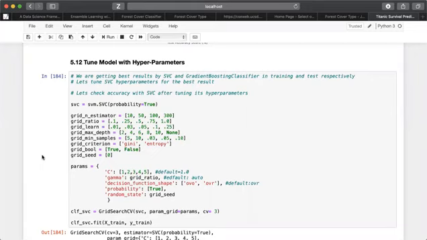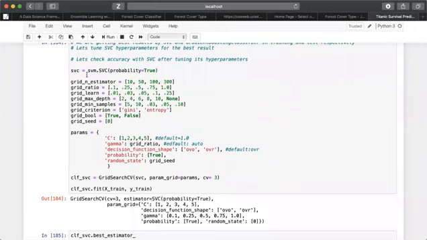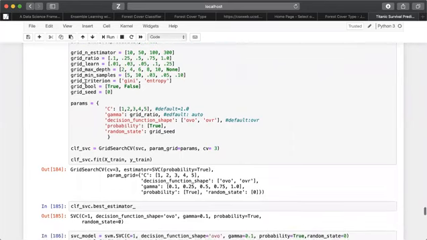So I go one by one and tune the hyperparameters for both of them, and I find the results. For tuning the parameters of SVC, SVC is equal to svm.SVC, the grid estimator. This is the standard for the SVC classifier for the param grid.